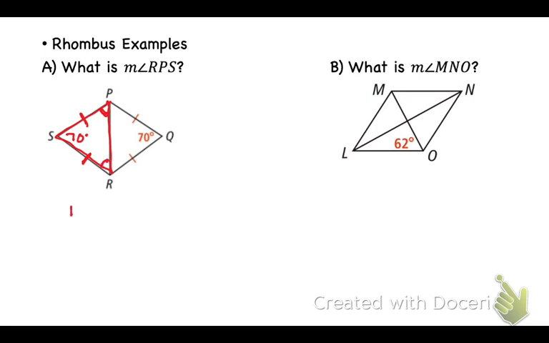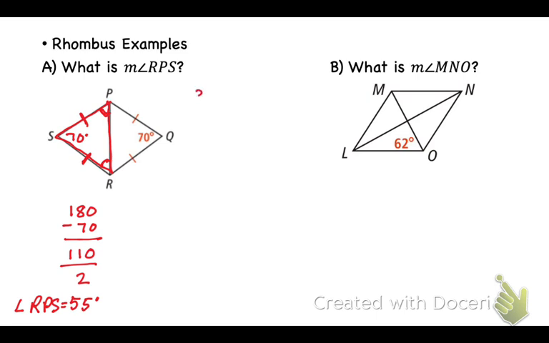So if I take 180 minus 70, I get 110. But what do I know about both of these angles? They're equal. So I have to divide by 2. So I get 55. So angle RPS is 55.